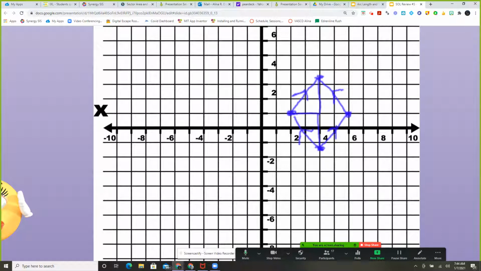I think these lines are parallel. In fact, if I look at those lines of symmetry, these are definitely parallel. All of these triangles are congruent, so I know all of these sides are the same size. And this is perpendicular. So I think this is a rhombus.